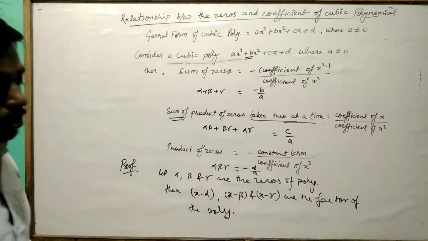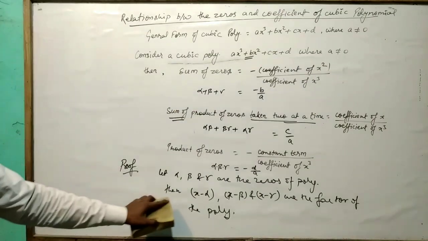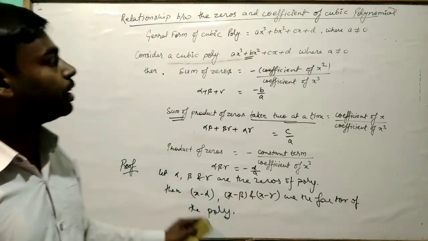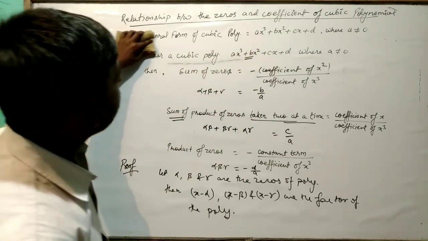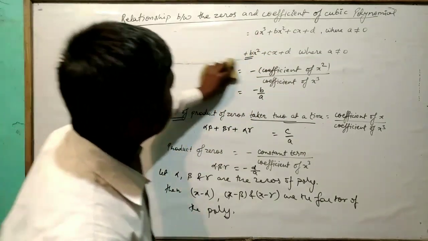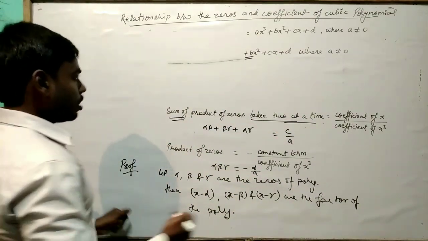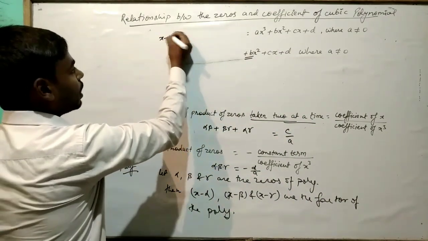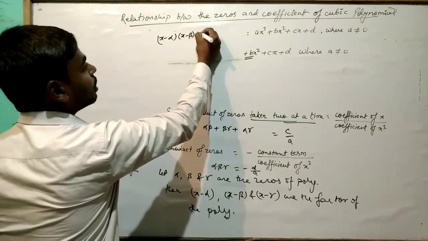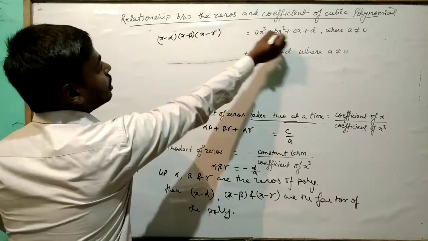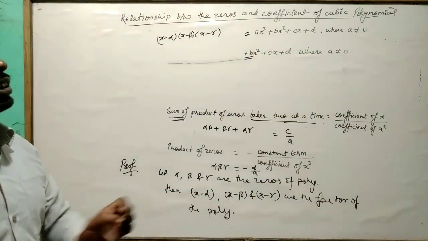If we take the product of these three terms, then we get our cubic polynomial. Now we can write x minus alpha, x minus beta into x minus gamma is equal to ax cube plus bx square plus cx plus d.